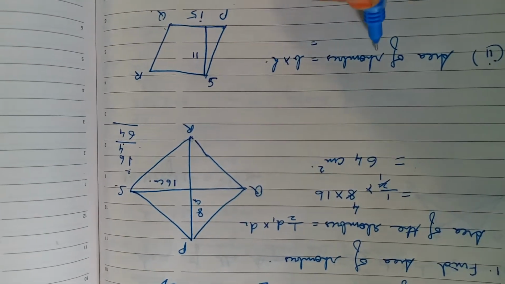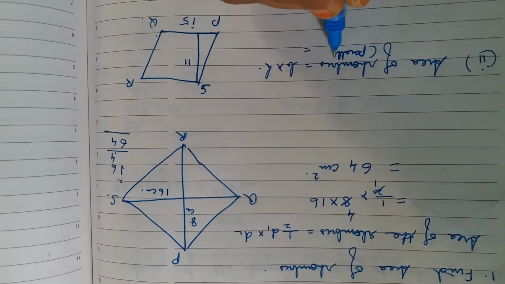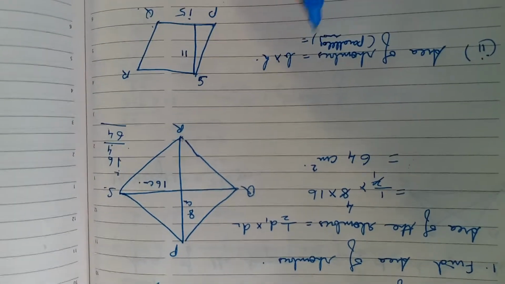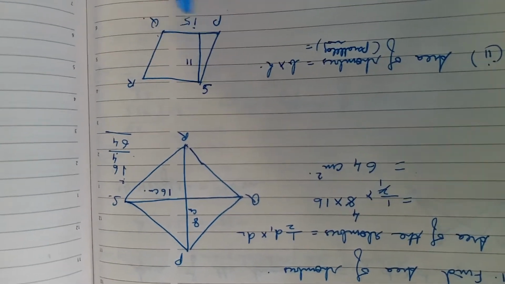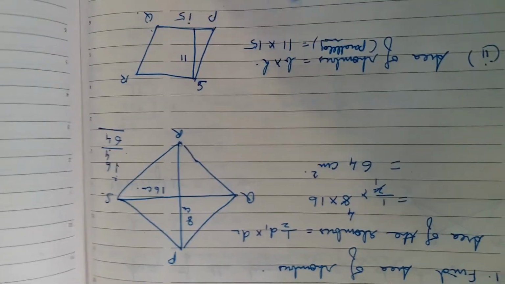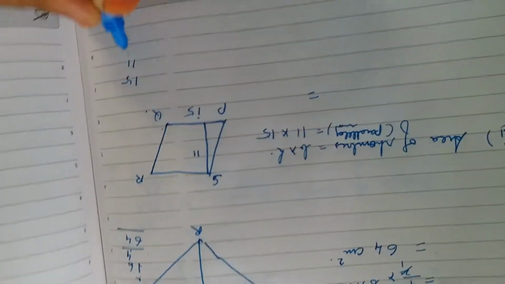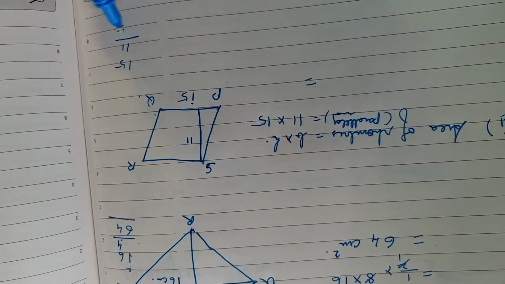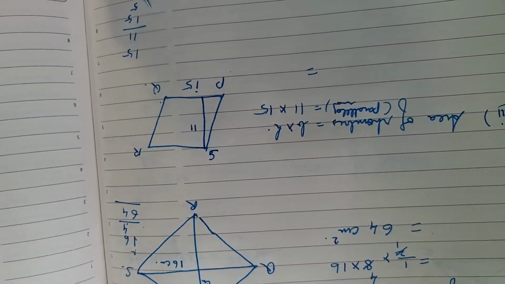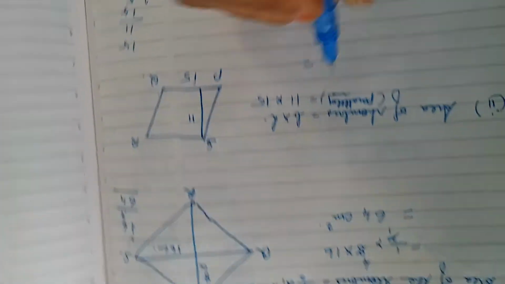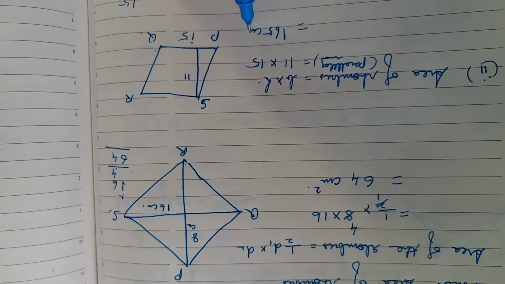It is equal to 11 into 15. I am multiplying: 15 into 11. 1 5 is 5. 1 5 is 5. So 165. Your value is 165 centimeter square.